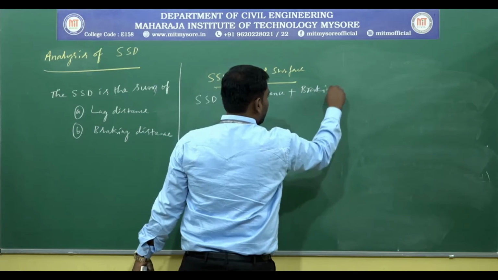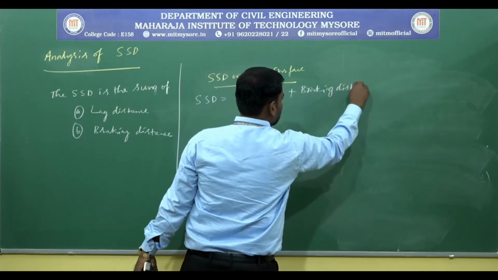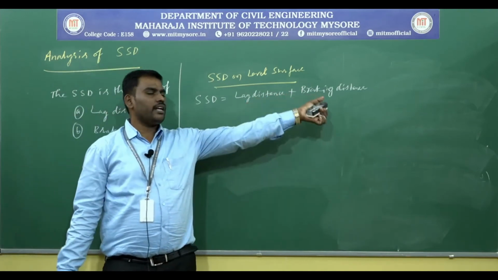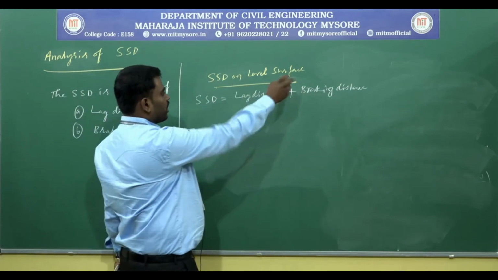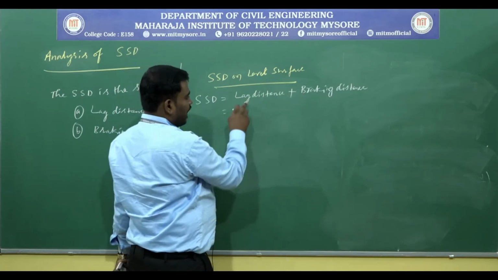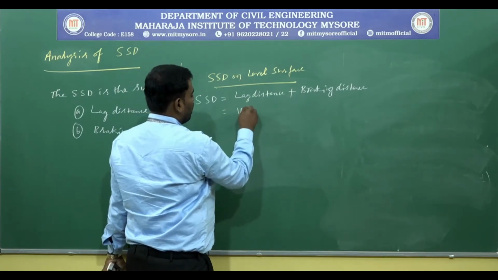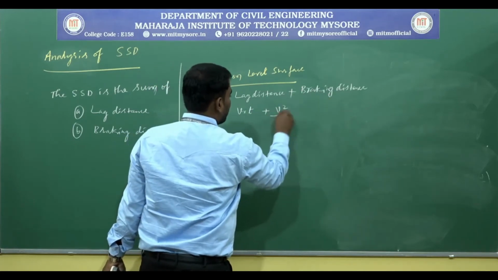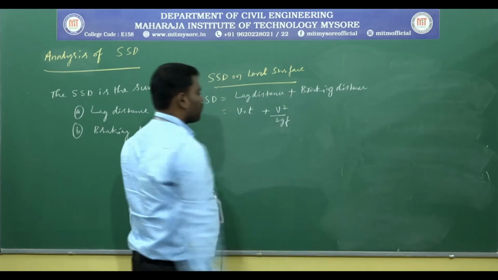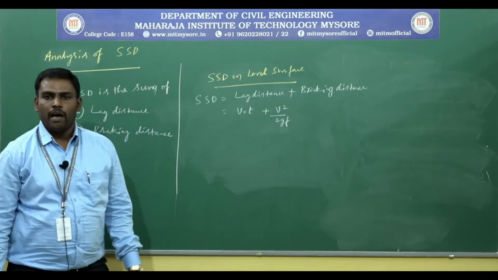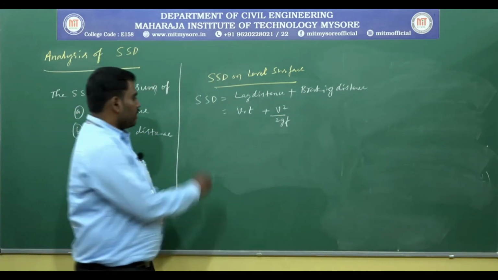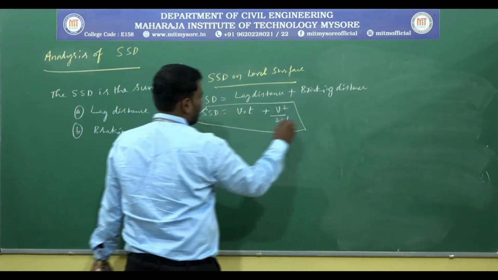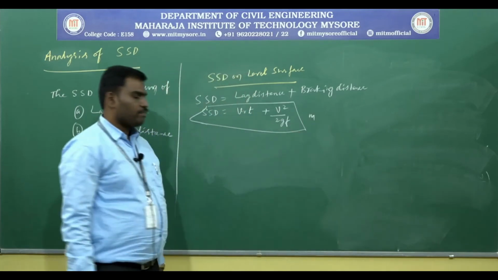On level surface, lag distance is equal to V into T and braking distance is equal to V square by 2gf. This is the stopping sight distance on level surface. The answer we get is in terms of meter.